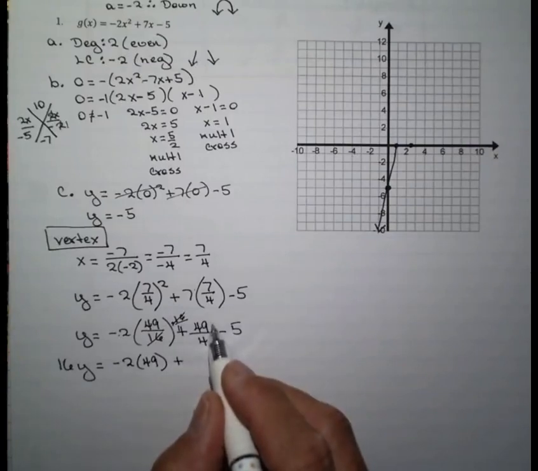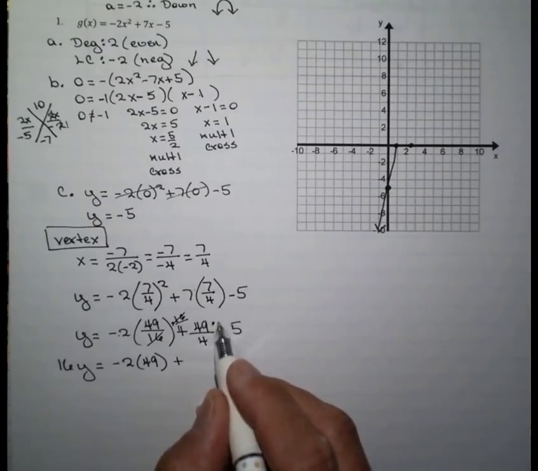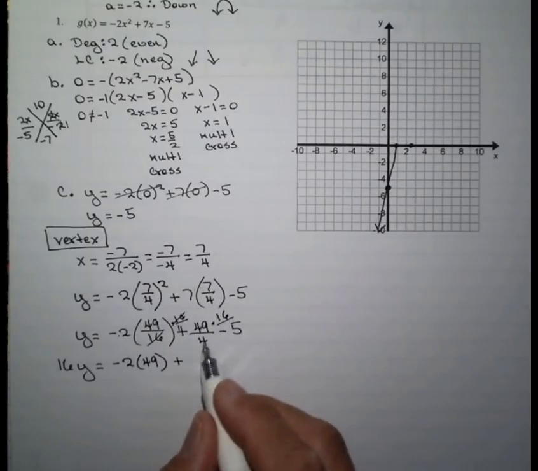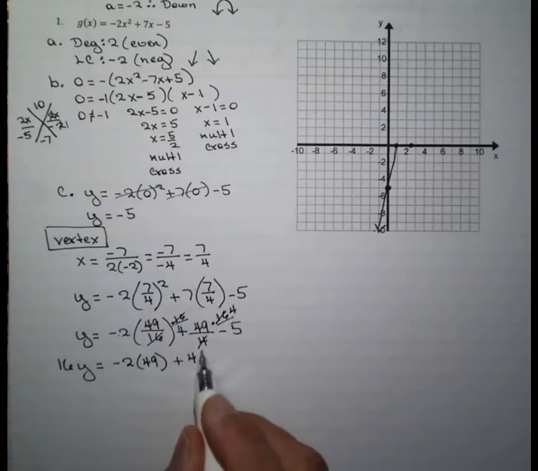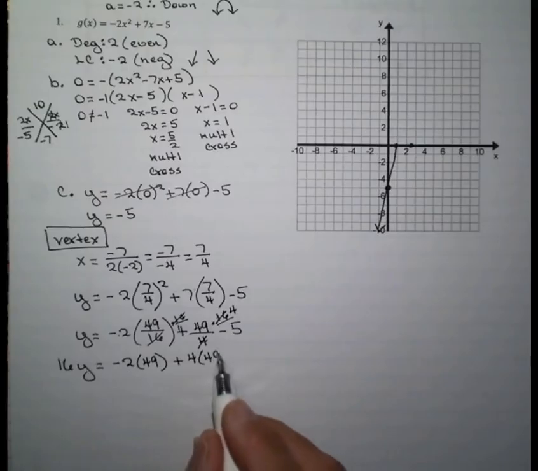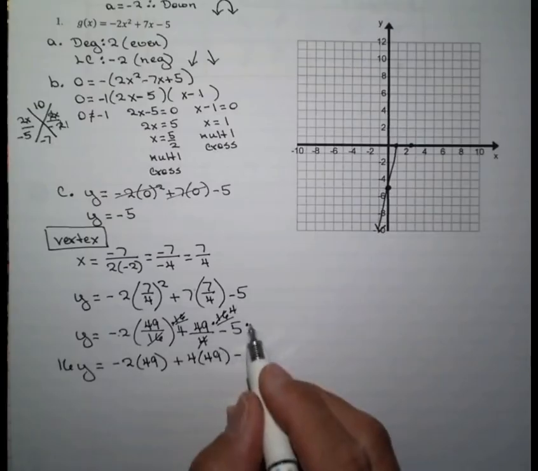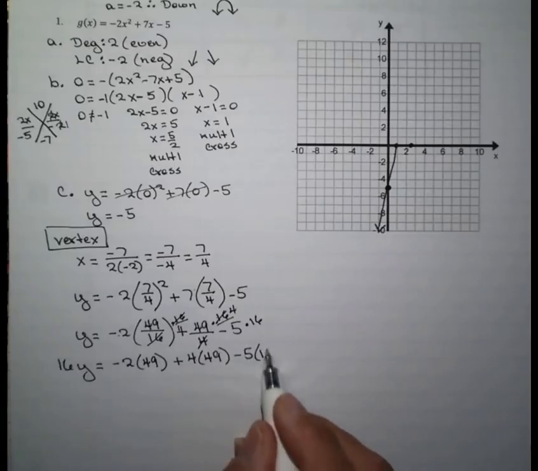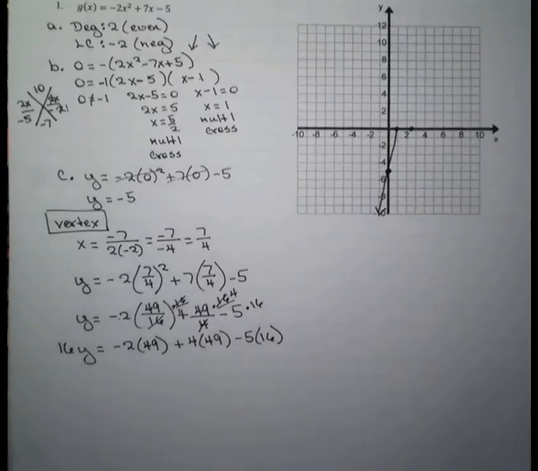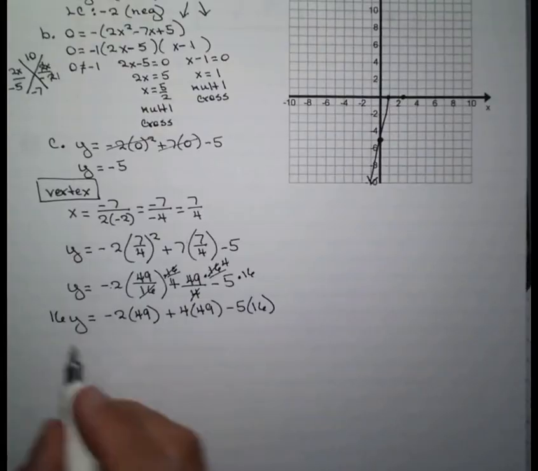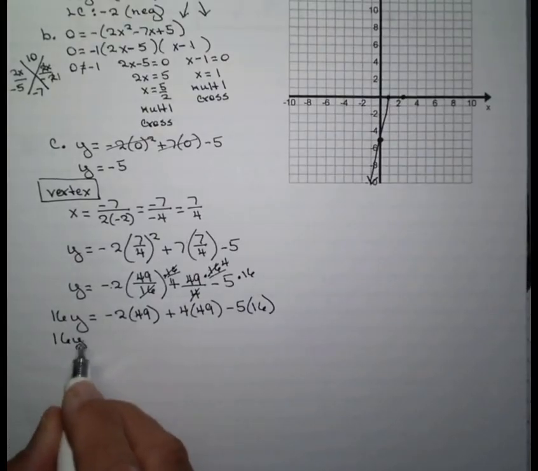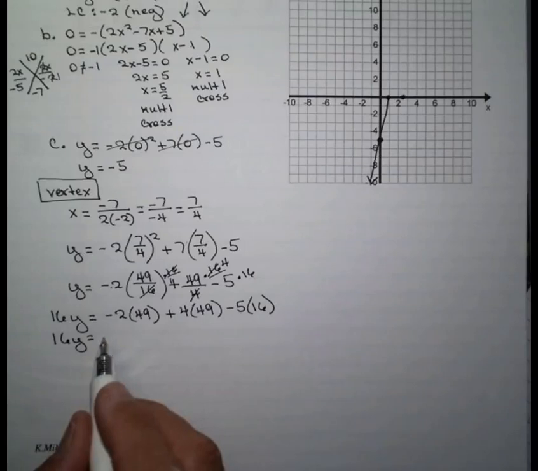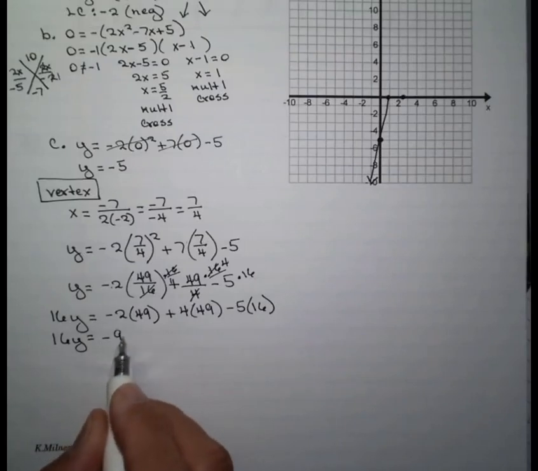And this is going to be times 16, right? Which is going to mean I'm going to reduce it and multiply that times 4. So I'll say it's times 4 times 49. And then I'm going to say minus 5 times 16. Everything has to be multiplied times 16. All right, I've gotten rid of the fractions though, haven't I? So 16y, I can quickly do this math now, is negative 2 times 49, or negative 98.